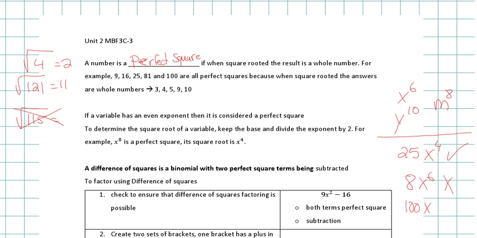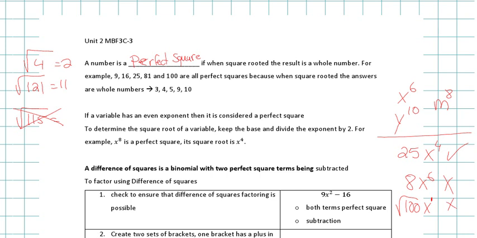The exponent is not even, right? My exponent here is 1, so it is not even. Yes, 100 is a perfect square because I can square root 100, but x does not have an even exponent. So this is not a perfect square. You need to be able to look at the term and know if it's a perfect square or not.